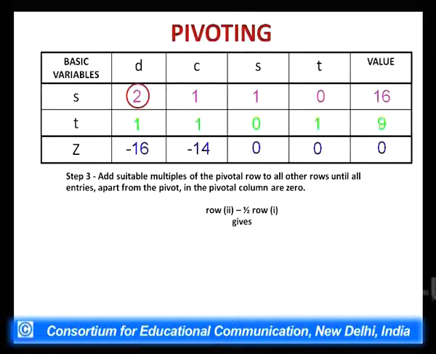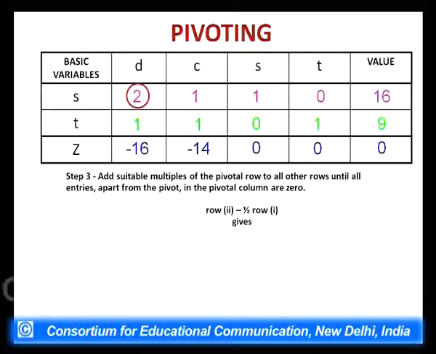So let's see, if I divide 2 by 2, it becomes 1, and 1 minus 1 is 0. If I divide the second value under C, 1, by 2 and subtract it from the second row value 1, it becomes half. Similarly under S, if I divide 1 by 2, it becomes half, and if I subtract it from 0, it becomes minus 1 by 2.